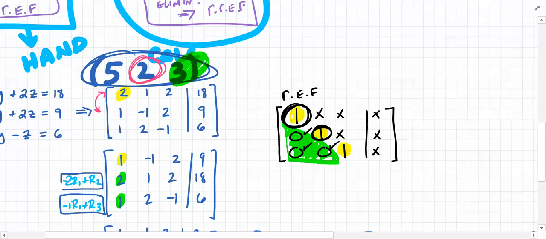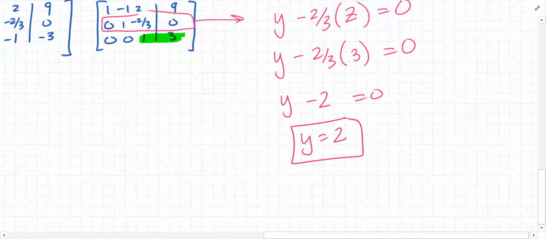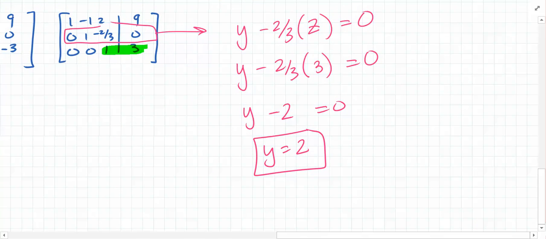I'll do it in green for you. What's that tell me? That tells me that 1x minus a y plus 2 z's is worth 9. That's a 2, right? Okay. So that tells me that y is worth 2, so x minus 2 plus 2 times z was worth how much? 3?